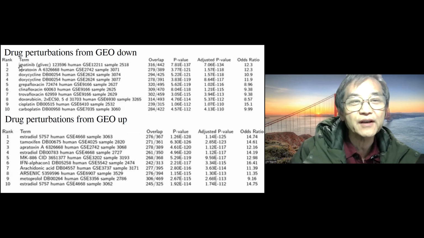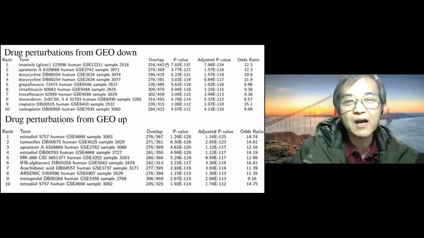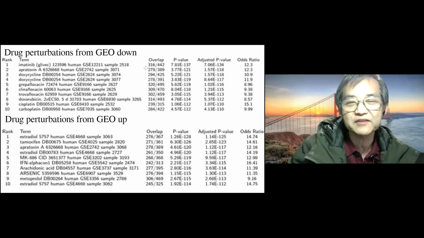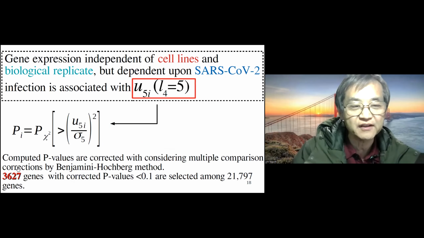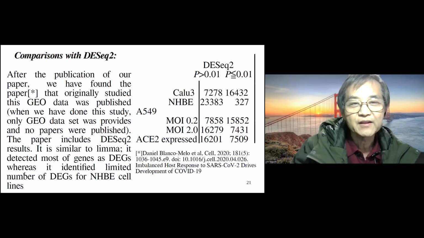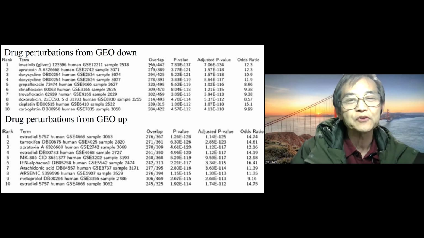For example, this drug has 442 genes whose expression changed with treatment by this drug, and among these genes, 316 genes are included in the genes we have selected. So as you can see, using our 3,600 genes, we can find many drugs which are supposed to target these genes.